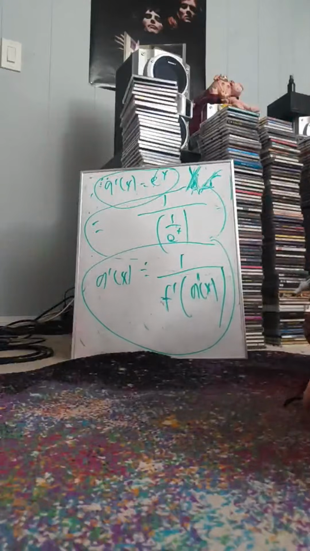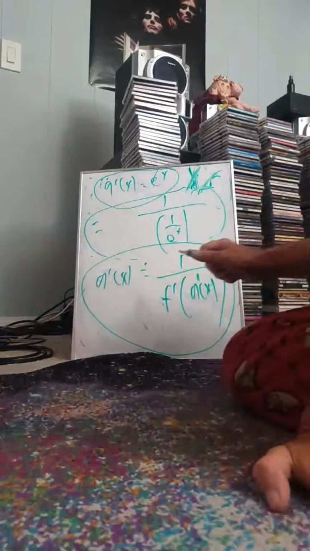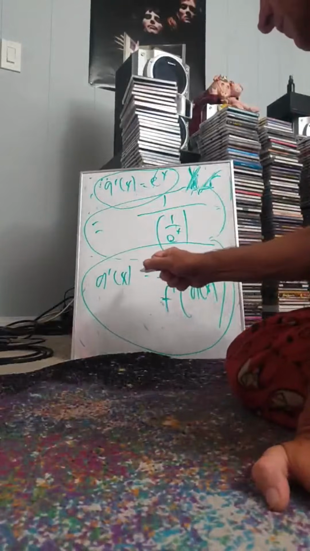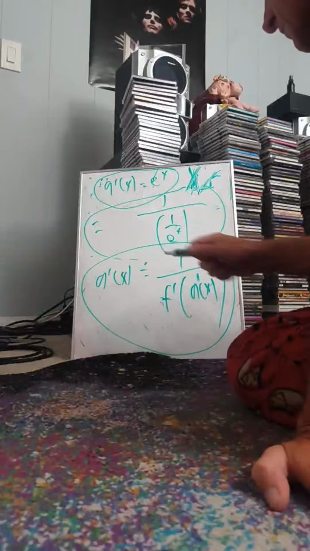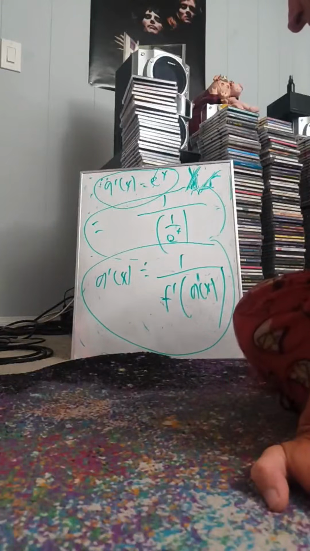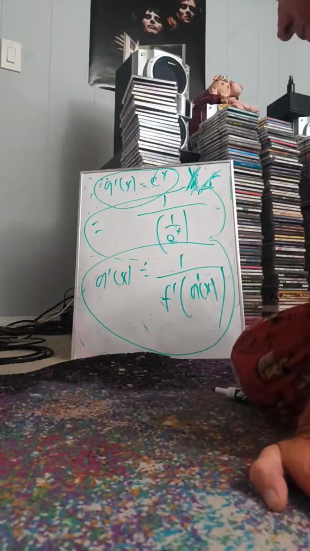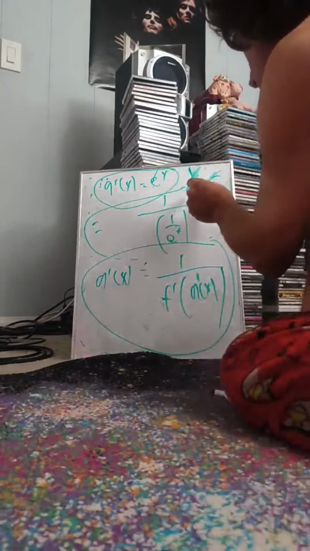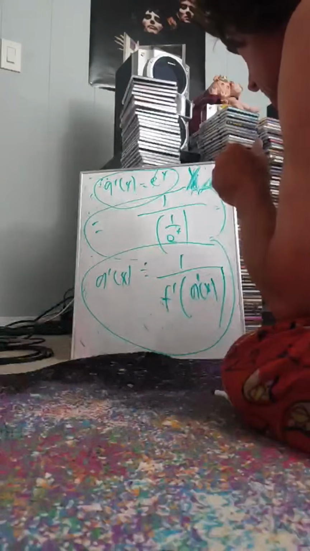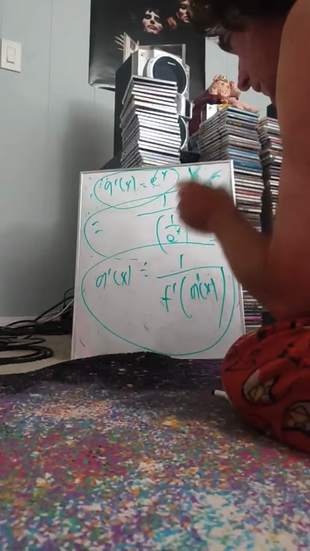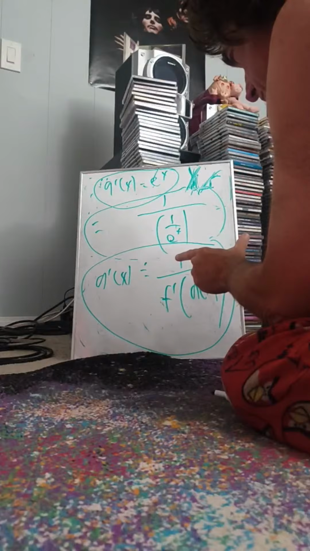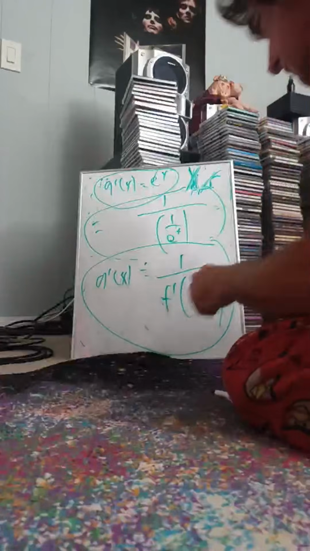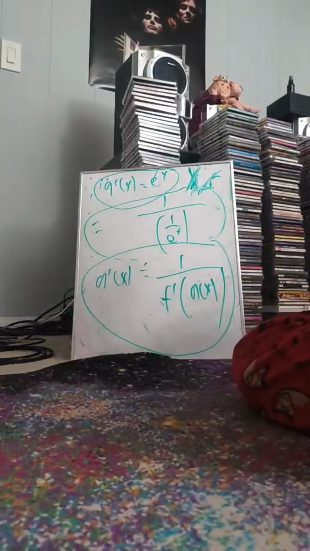I think that's the answer. Has to be, because g prime of x. Wait, that doesn't make sense. No, that can't be. No, that doesn't need to be there. That's not true. It's like that.